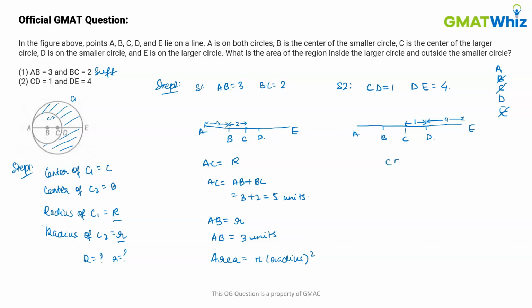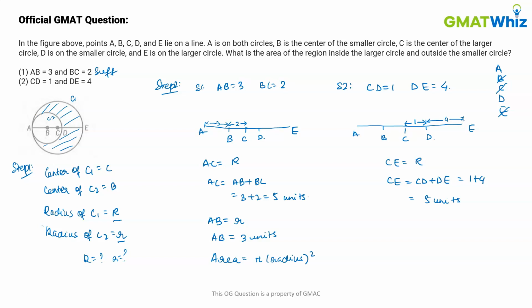Now CE is the radius of the bigger circle. So CE equals CD plus DE, which is 1 plus 4, which equals 5 units.